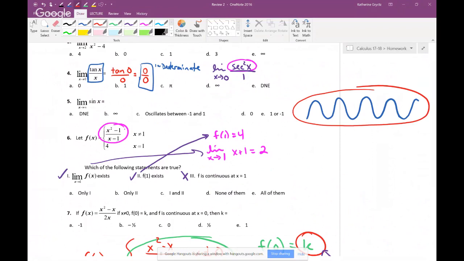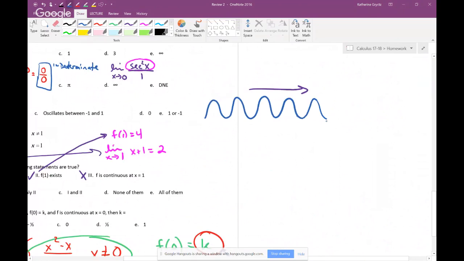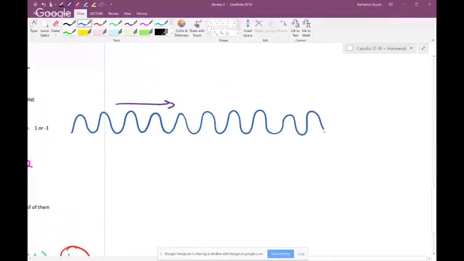It's not an either-or situation. A horizontal asymptote is one number that the graph approaches as x approaches infinity. So as you go this way, what one number is it getting closer and closer to?